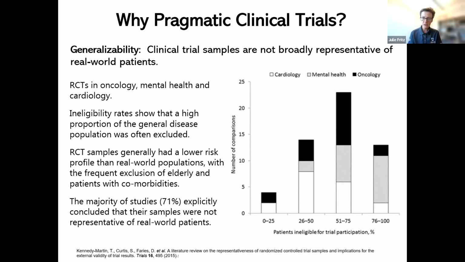And what you see is that there's a lot of these studies that are excluding at least half of the people that might be otherwise enrolled in the trial. And not surprisingly, and I think this would be true in rehabilitation trials broadly as well, in general, people who enter trials have a very different risk population and profile because people who have more complex medical conditions or are more elderly, those are the individuals that are often being excluded.